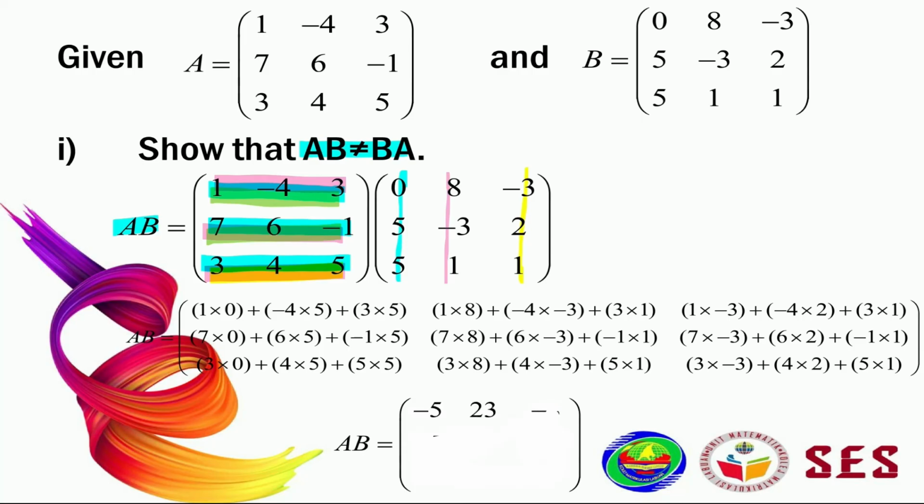Okay, so we will get the answer negative 5, 23, negative 8, 25, 37, negative 10, 45, 17, and 4.